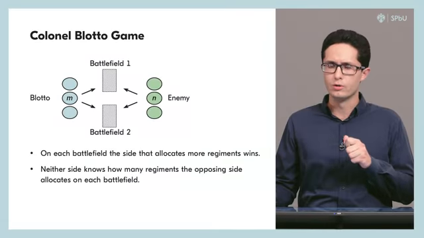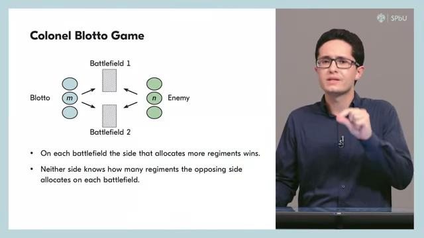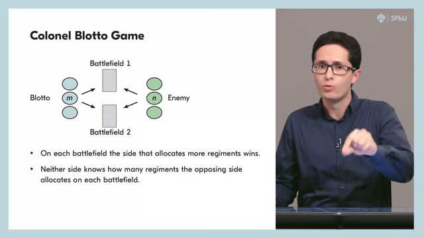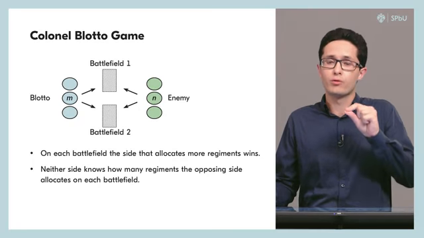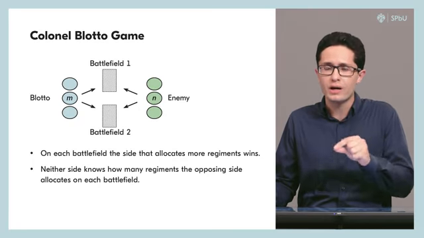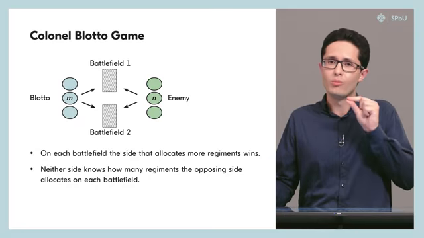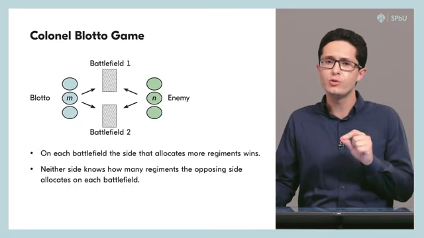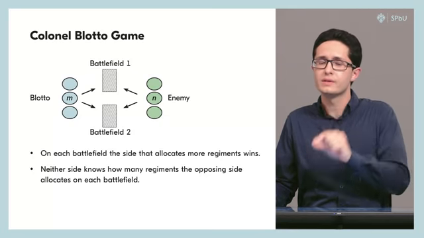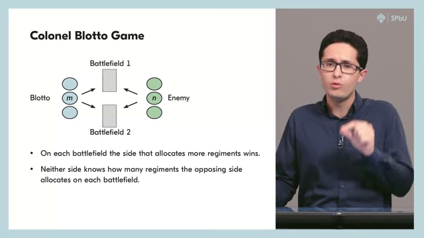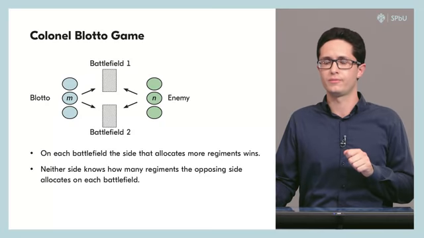In this game model, we suppose that the side that allocates the biggest number of regiments on one battlefield wins there. And of course, both sides try to maximize the number of battlefields they win, and most importantly, we assume that the colonels, Colonel Blotto and his opponent, make their moves simultaneously and independently of each other.